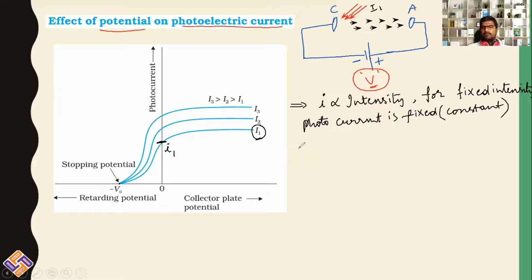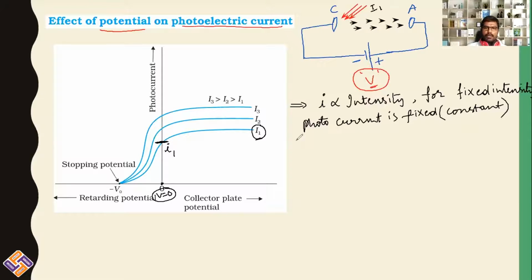Now, when the electrons are ejected from the cathode plate, if those electrons have sufficient kinetic energy to reach the anode, they will directly reach even though the potential difference is zero. See here, even though potential difference is equal to zero, you are able to see some current i1.